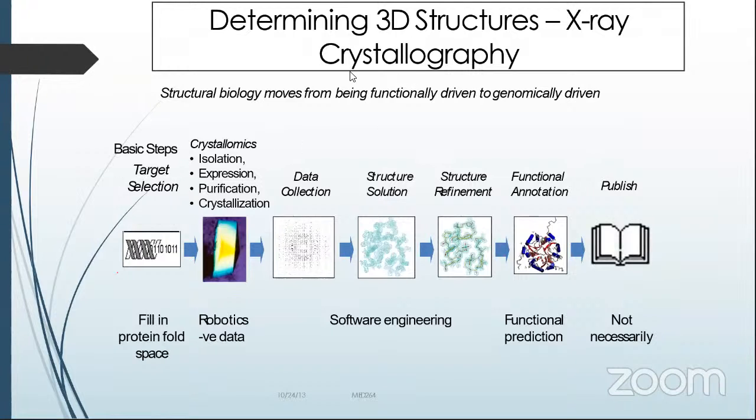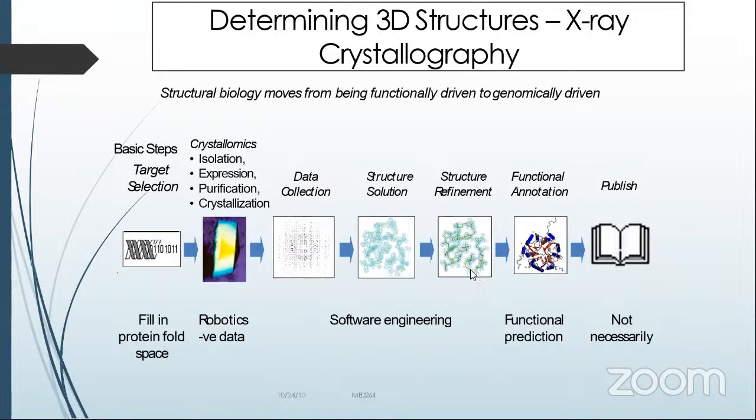So this is how X-ray crystallography works for a 3D structure. First, you get the sequence, in the form of the protein folds and the mutations in it. Then, based on purification and crystallization techniques, the data is collected and forms a structure. Once the structure has been formed, it is refined.